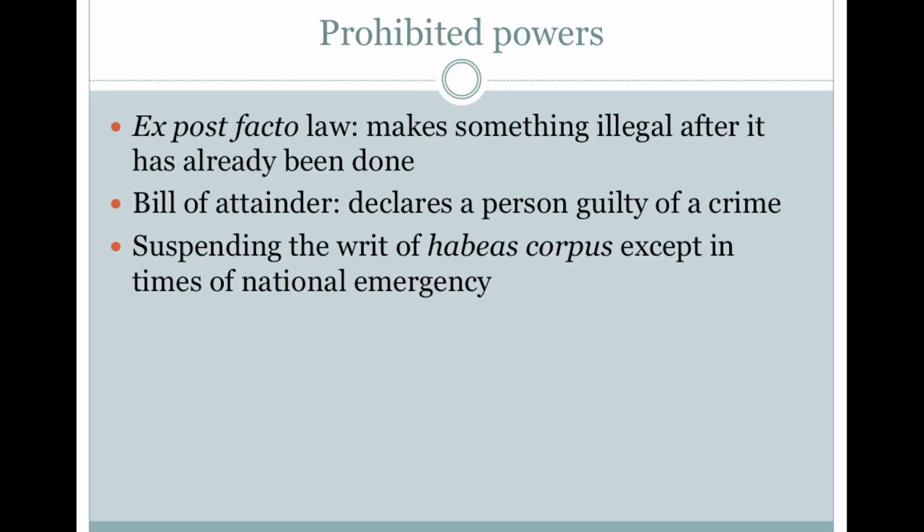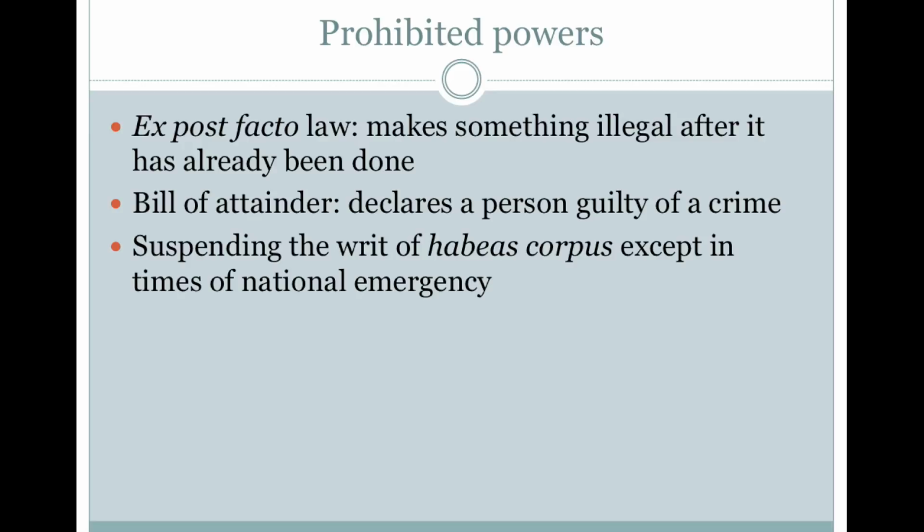Congress also has some prohibited powers, meaning stuff it cannot do. So, an ex post facto law is a law that makes something illegal after it has already been done. Congress cannot do that. A bill of attainder declares a person guilty of a crime. Congress also cannot do that because people have the right to due process.